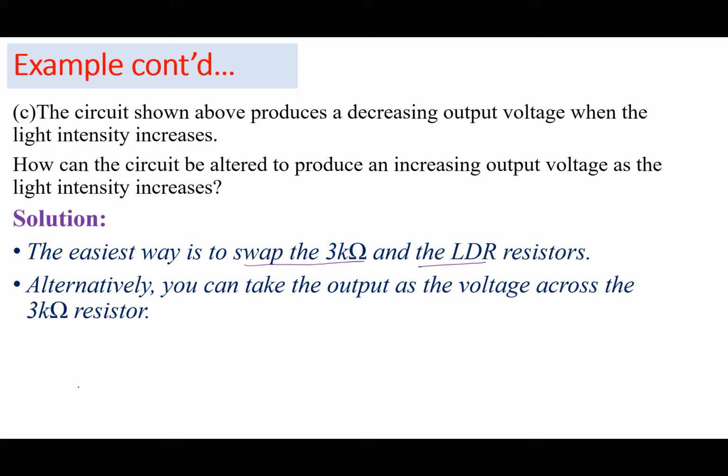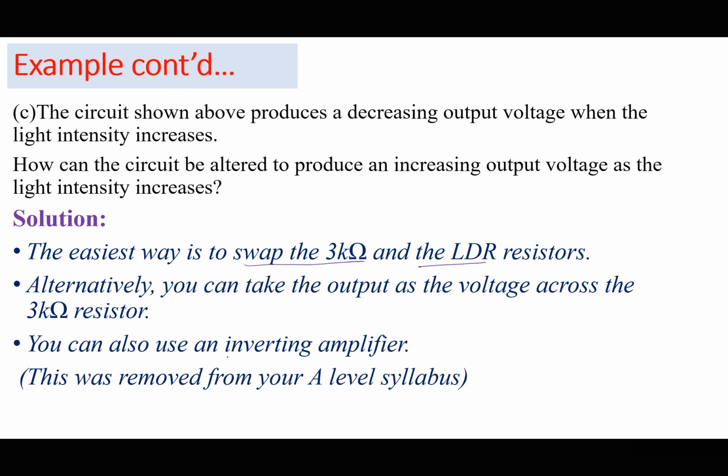You can also, by the way, use an inverting amplifier, but this is beyond our syllabus by now. We could use an inverting operational amplifier, but this was scrapped out of the syllabus. It used to be in the electronics. The easiest is to swap the 3 kilo ohm resistor and the LDR, because V out was initially measured across the LDR, and if V out is measured across the LDR, when the light intensity increases, resistance of the LDR decreases, and V out also decreases.